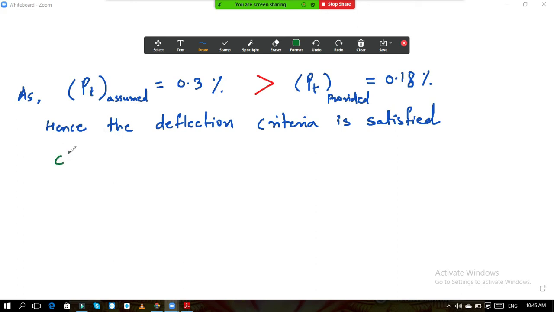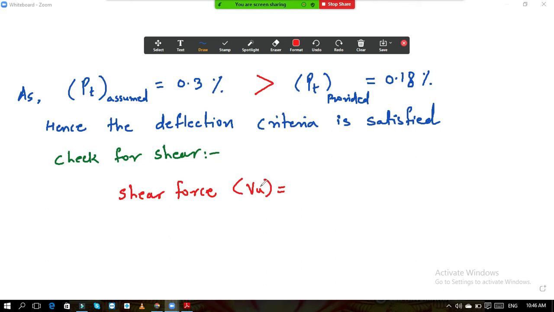Next step is check for shear. Now you know shear force. How do we calculate the shear force? Shear force Vu is equal to, what is the formula for the shear force if the slab is a cantilever slab?